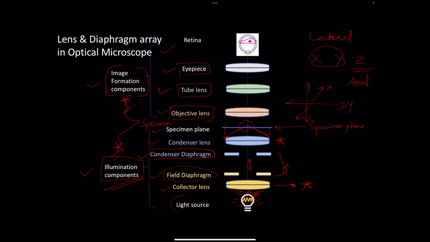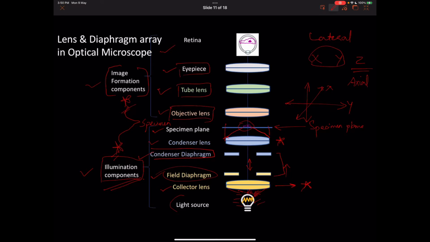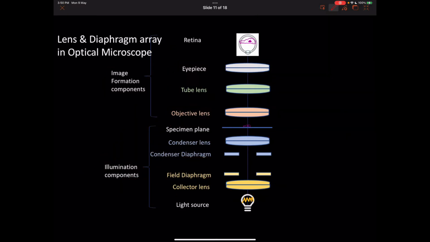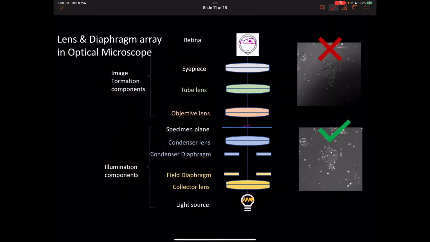Eventually that will determine whether your sample is perfectly illuminated or not. And we all know what we want here. We want our sample to look something like this, with beautiful illumination, great detailing, contrast and sharpness, rather than this unevenly illuminated sample. We don't want that, right? For our sample, nobody wants that.